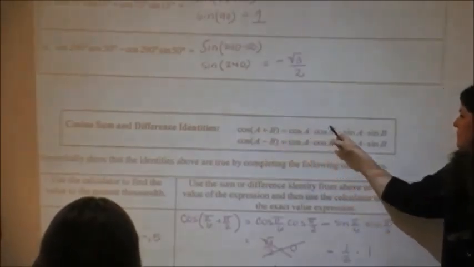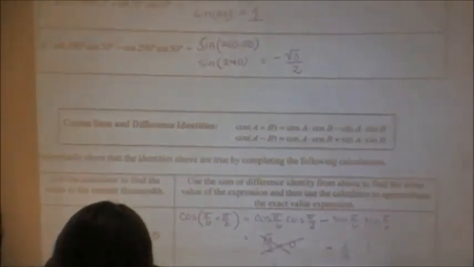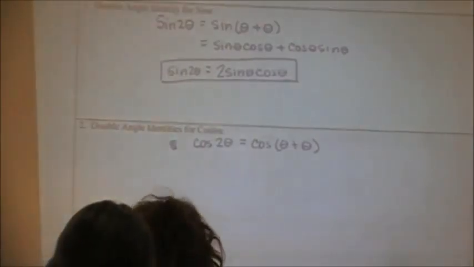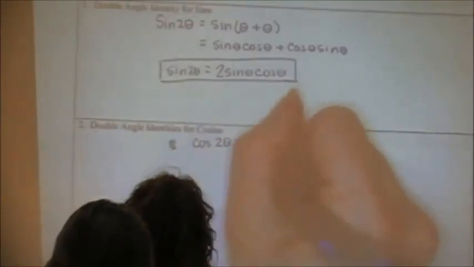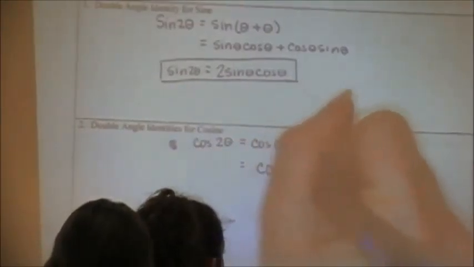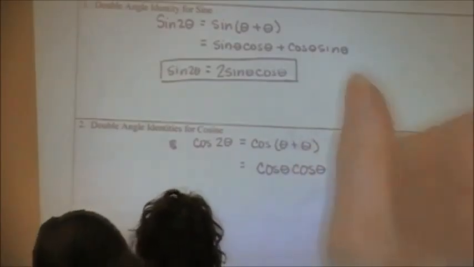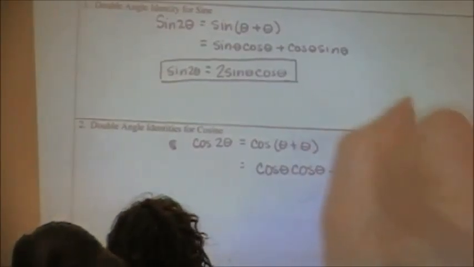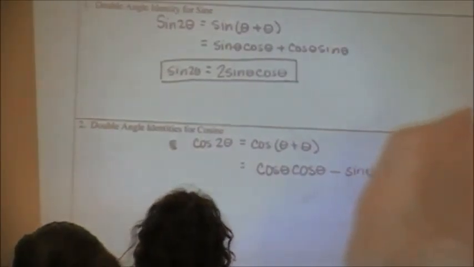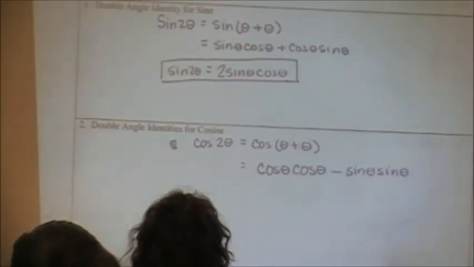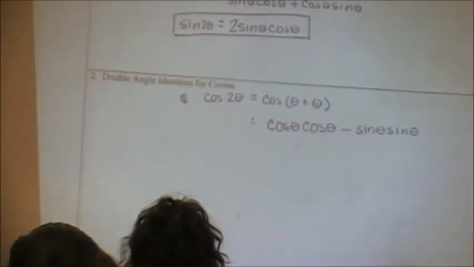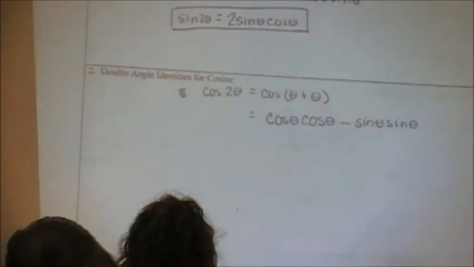If it's a plus here, it's a minus in the middle. So cosines are grouped. So it's going to be cosine theta cosine theta, minus, now the sines are grouped, sine theta sine theta. Well, what is cosine theta times cosine theta? Cosine squared theta.